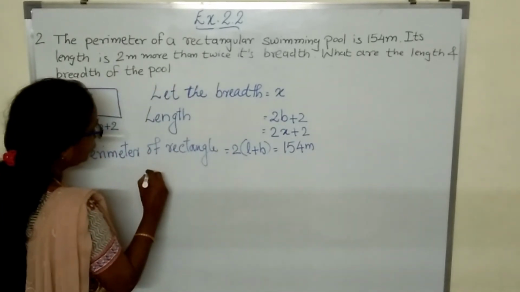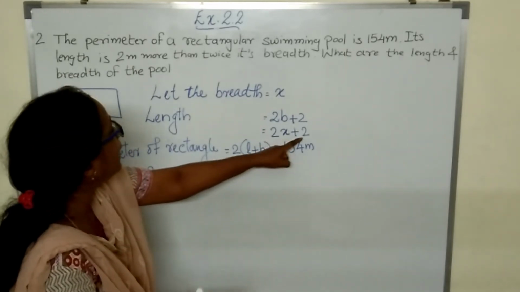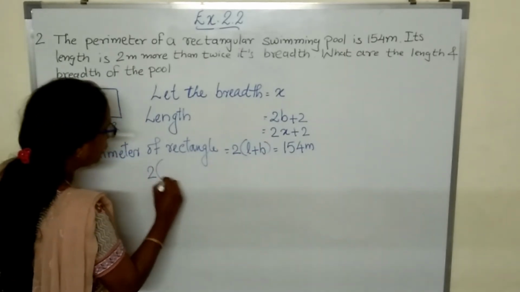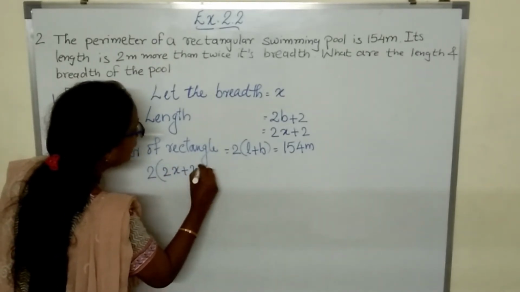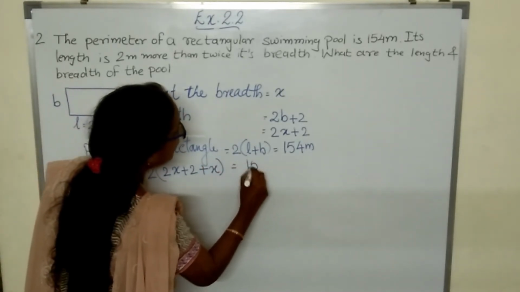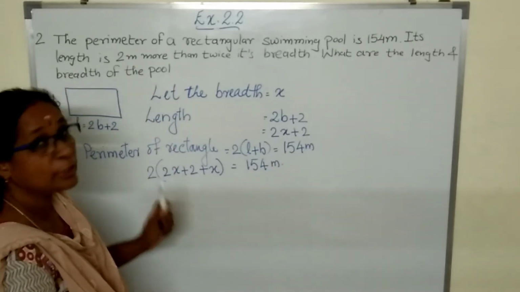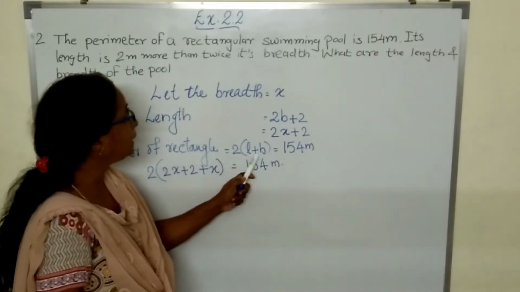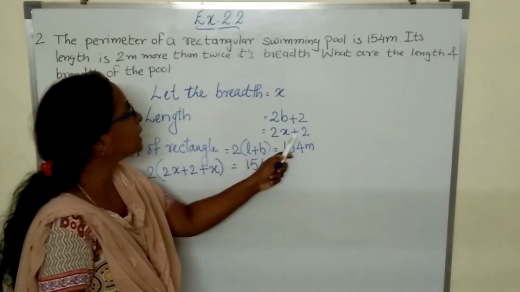Now let us substitute the value of length and breadth. What is the length? 2x plus 2. So 2 into 2x plus 2, and what is the breadth? x, is equal to 154 meter. 2 into length plus breadth. What is the length? 2x plus 2.